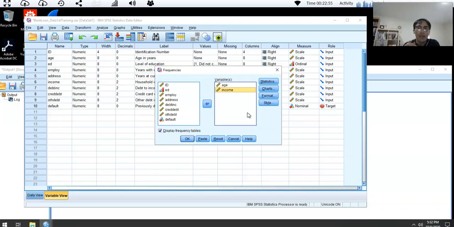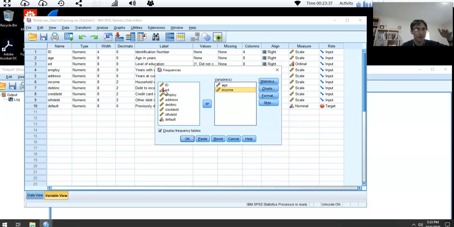When you're analyzing frequencies, it's a lot better for you to do the scale variables together, and then the ordinal or nominal variables together once. Why? Look at this. You're interested in getting mean, median, mode kind of statistical measures on the scale variables, age and income, median income we love to get. However, here education is ordinal. Is it meaningful for you to get the mean of those categories, right?